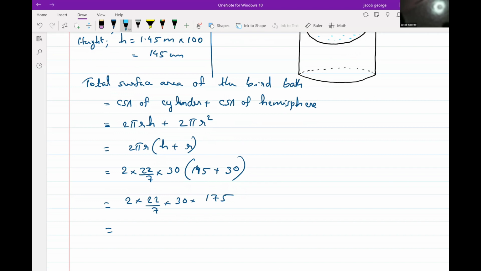So what do you get when you cancel 7 and 175? 7 2s are 14, so 3 is the remainder. 35 means 7 5s are 35. So we get 25. Then multiply the remaining, you will easily get the answer: 2 into 22 into 30 into 25.